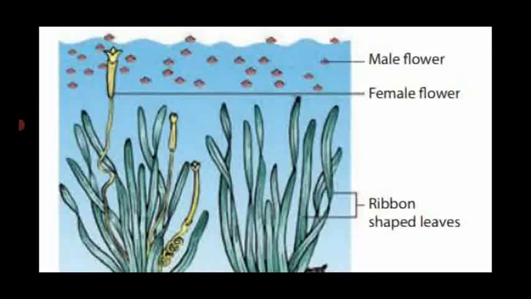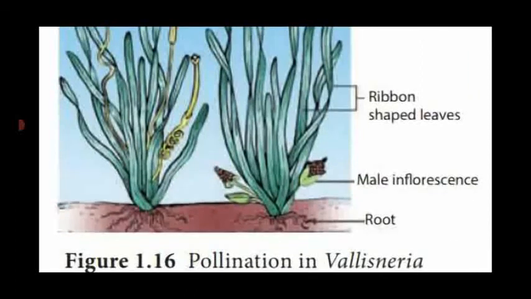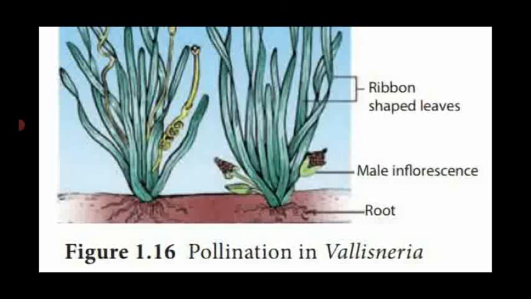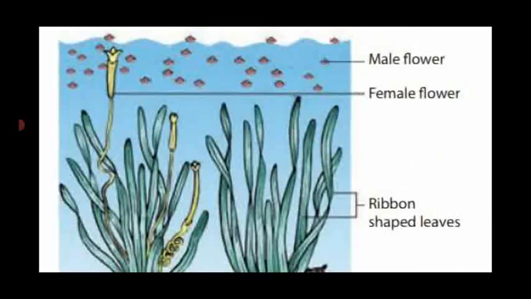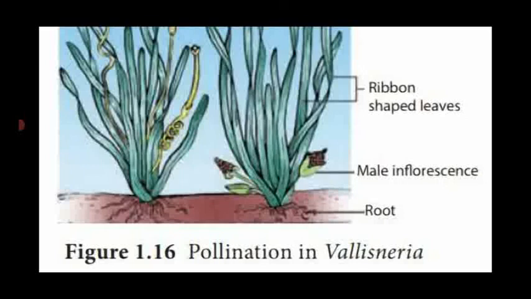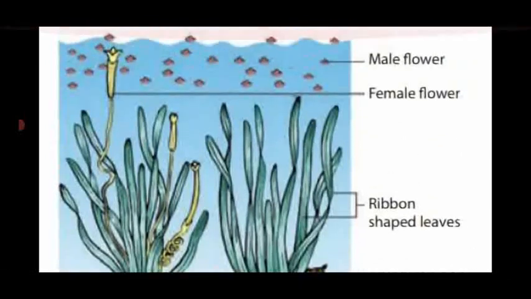They are floating on the surface of the water. Likewise, the male flowers are produced from the male inflorescence. They are released in the water. They are also floating on the surface. So due to water current, the pollen grains are transferred to the stigma of a female flower, which shows the pollination in Vallisneria.